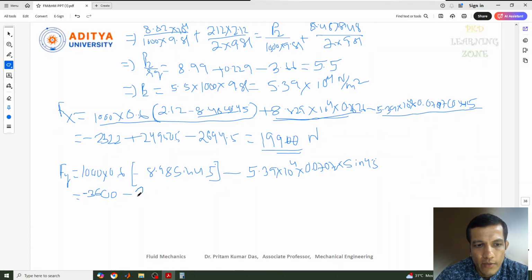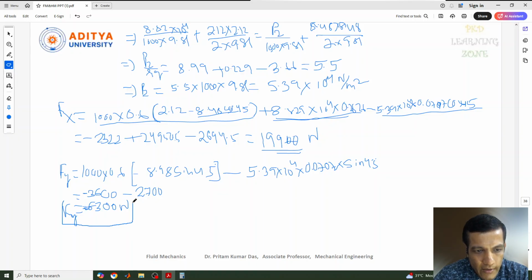So we'll get some value, suppose 2700. Both of my negatives are there, 3600 and 2700, so 6300. So we got this value of minus 3600.